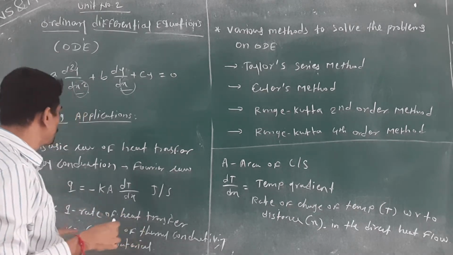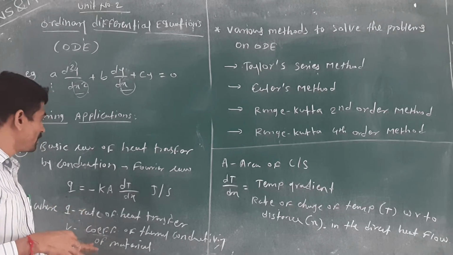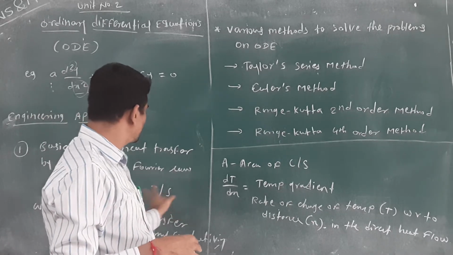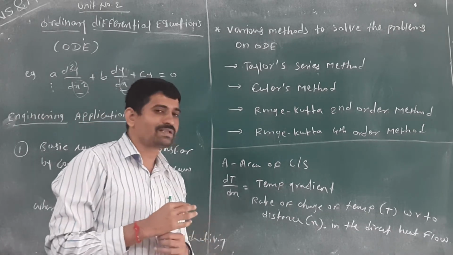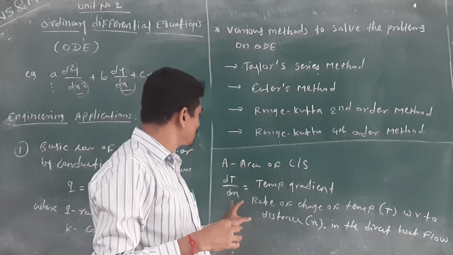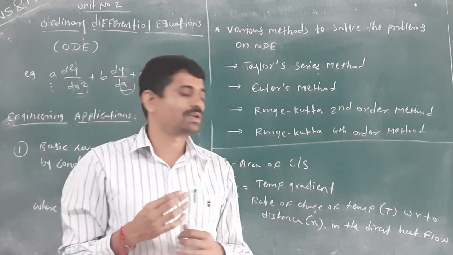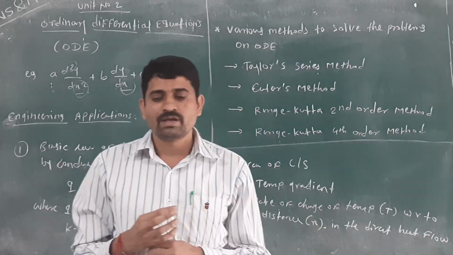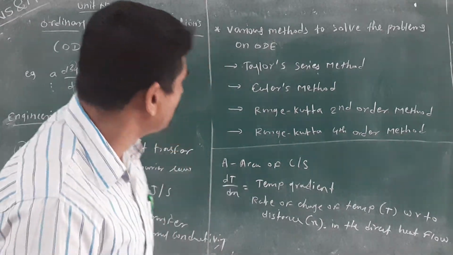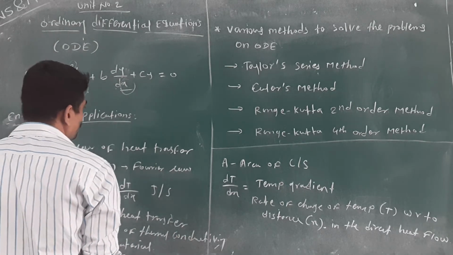Q is the rate of heat transfer, k is the coefficient of thermal conductivity of the material, A is the area of cross section, and dT by dx is the temperature gradient, the rate of change of temperature with respect to distance x in the direction of heat flow.